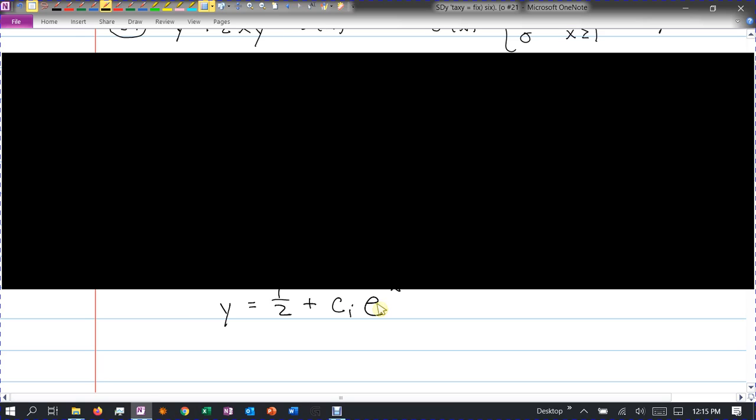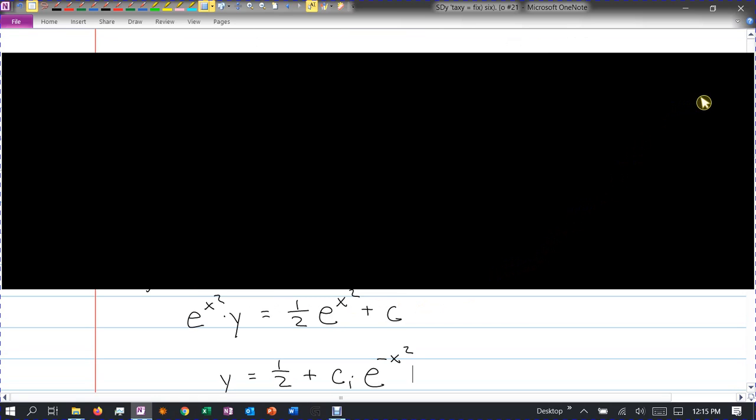Now our initial condition is y of 0 equals 2, so that means we're in this interval, so we can get the c1 from here. So y of 0 equals 2 means that equation becomes 2 equals 1/2 plus, and now when we replace that x with 0, we just get 1 there, so we just get c1. Subtract a half on both sides, so we get that c1 equals 3/2.